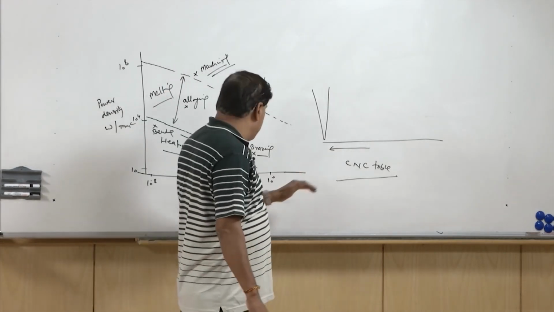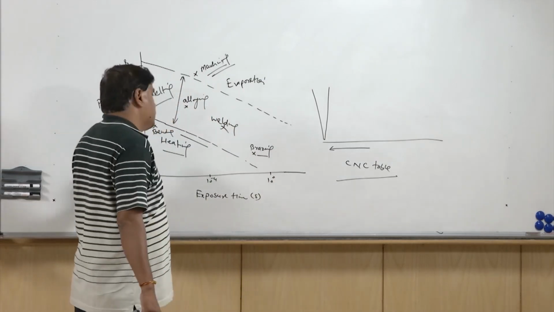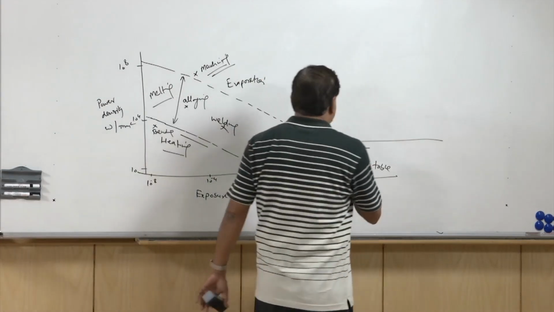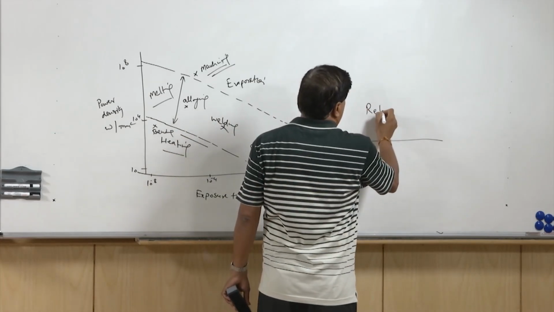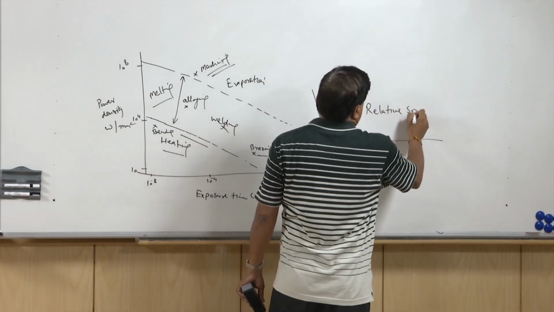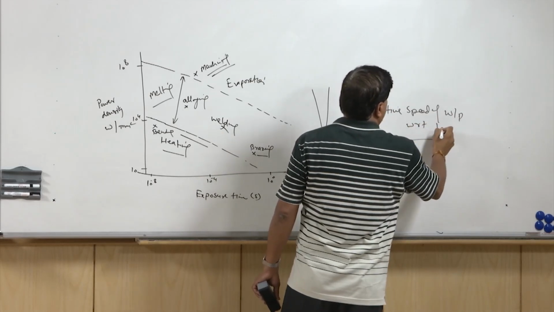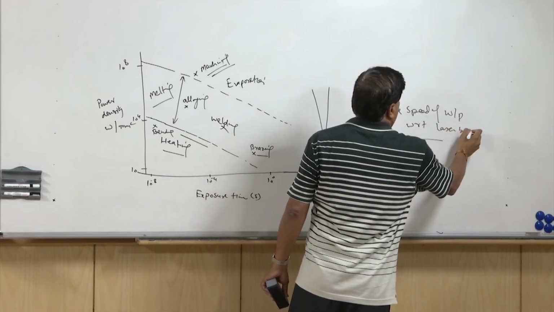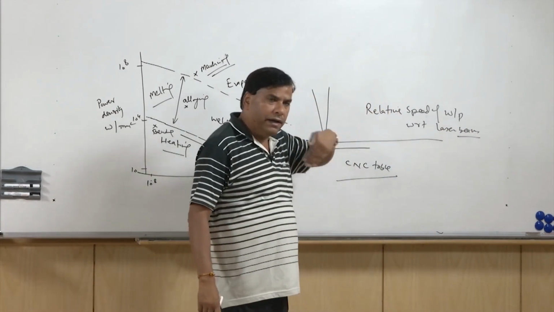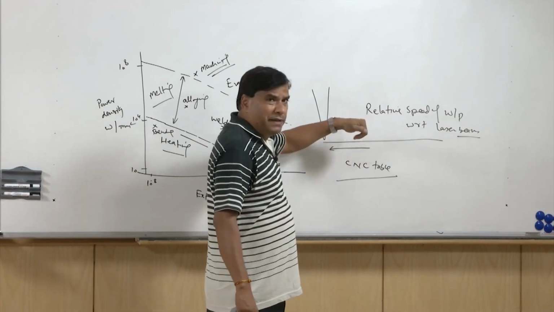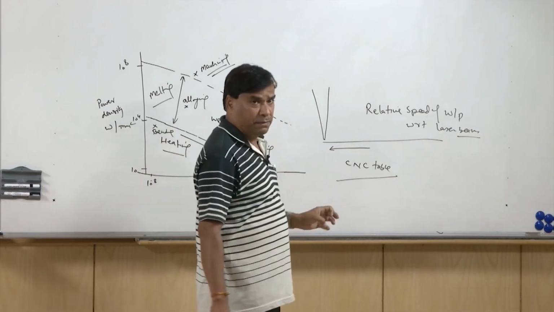It may be very slow for longer exposure period and it may be very fast for the shorter exposure period. So basically the speed of the movement, means the relative speed of the workpiece with respect to the laser beam, determines the exposure period. So normally what we do, higher scanning speed, laser scanning speed or the workpiece speed with respect to the laser is used for the shorter exposure periods.